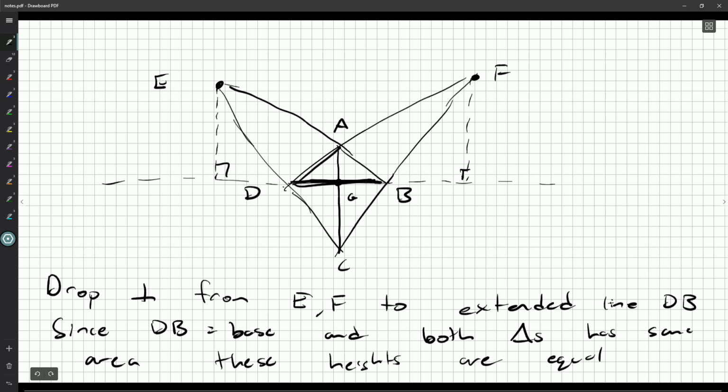Now, how does this help me? Well, this tells me that F, the closest F can get to DB is H. Perpendicular distance is the shortest distance from my point to a line. But this other height, H over here, is the distance from E to DB. So EF as a line can be seen to always be distance H away. Well, that's what it means to be parallel, is that these lines never get any closer.